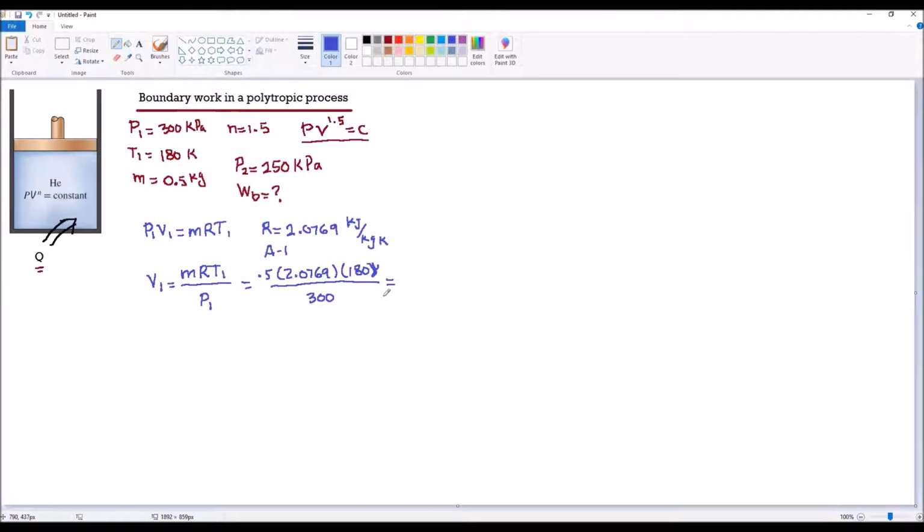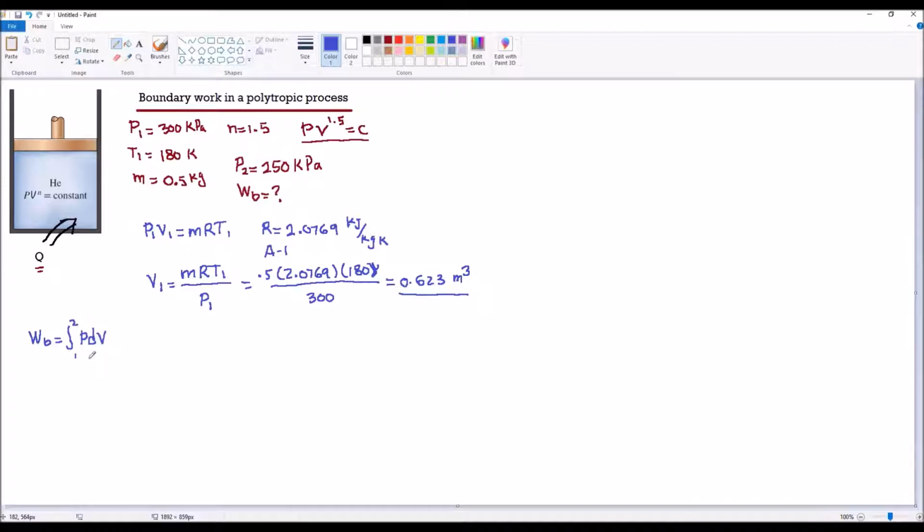That is equal to 0.623 cubic meters. This is the initial volume of helium gas in the cylinder. So we start with the general equation for boundary work of an ideal gas, or in general any gas, but we're talking about ideal gas right now.